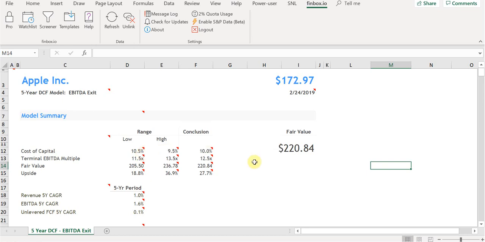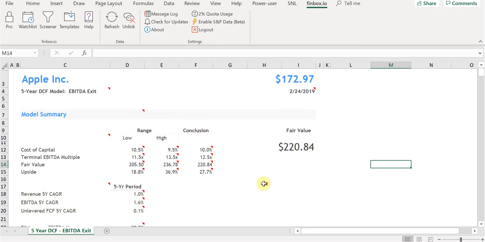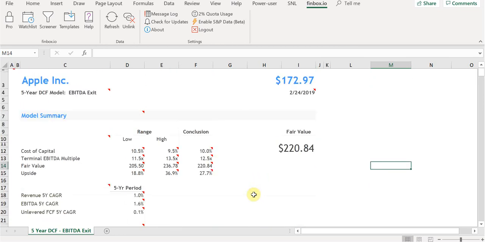Hello everyone, back again. Wanted to show you exactly how to use a stock calculator and various valuation methodology to come up with a better estimation of a stock's intrinsic value, to make better investment decisions as you think about building a portfolio of dividend stocks or investing stocks.